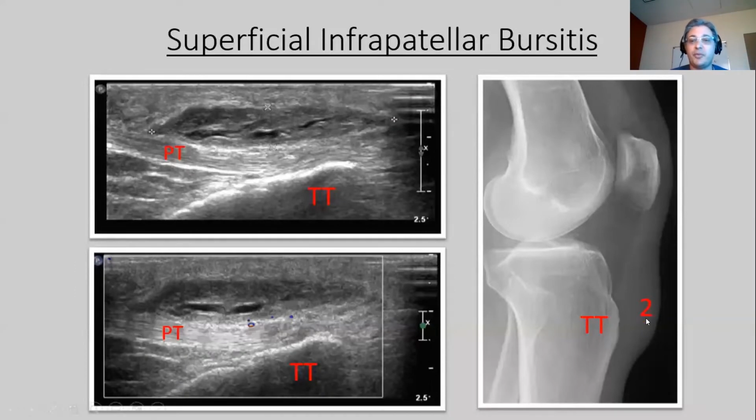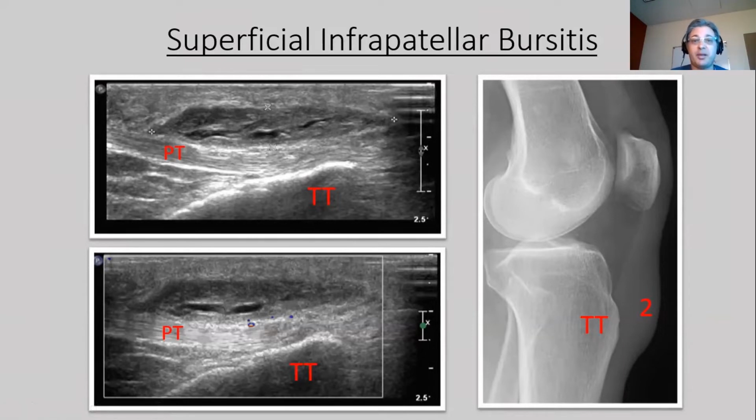Notice where the soft tissue swelling is, anterior to the distal patellar tendon. Notice where this, again, complex, predominantly solid appearing mass is located, superficial to the distal patellar tendon. Here's our patellar tendon coming down to attach to the tibial tuberosity, and we have our mass superficial to the distal patellar tendon.